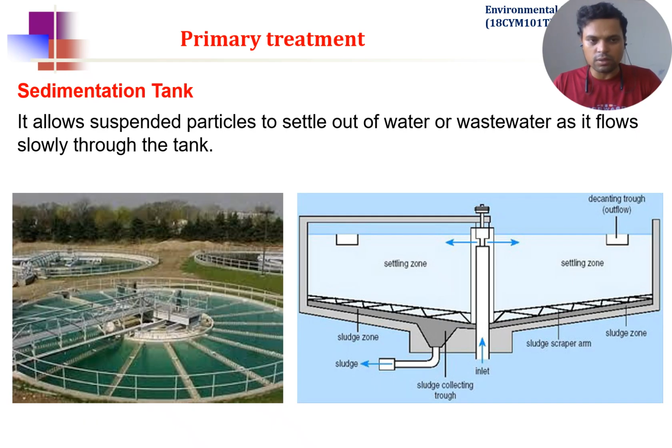Okay, so this is called the sedimentation tank. It allows suspended particles to settle out of water or wastewater as it flows slowly through the tank. You give some time for the lighter-than-grit materials to settle down at the bottom, and then you can remove all these things.